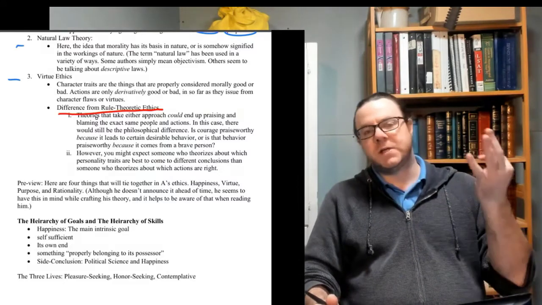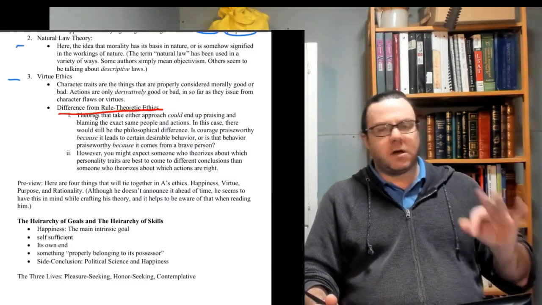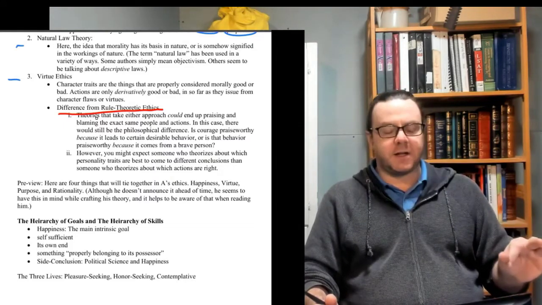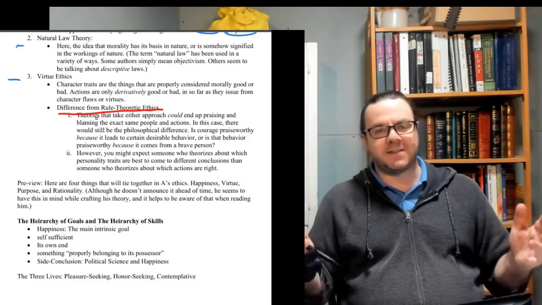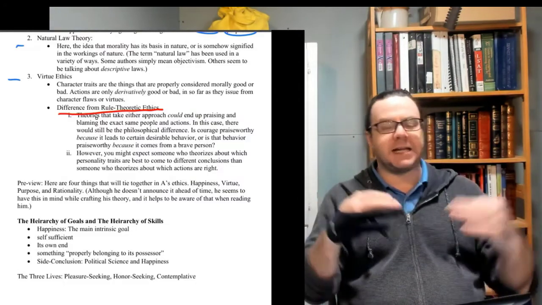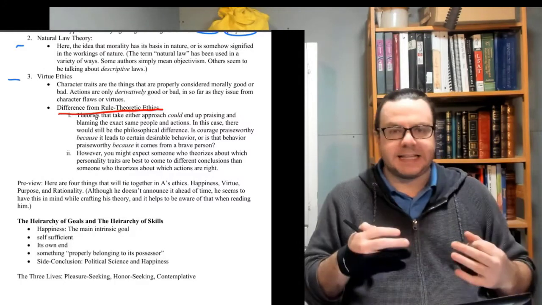So there's three aspects of the theory, and then another preview thing that I'd like to give you is there are a number of different ideas that Aristotle wants to tie together, concepts that he thinks are connected with ethics.